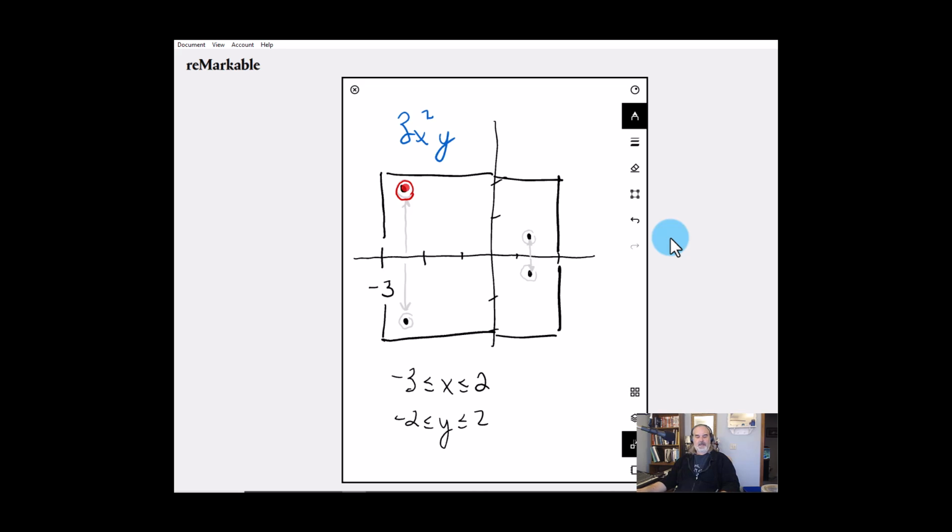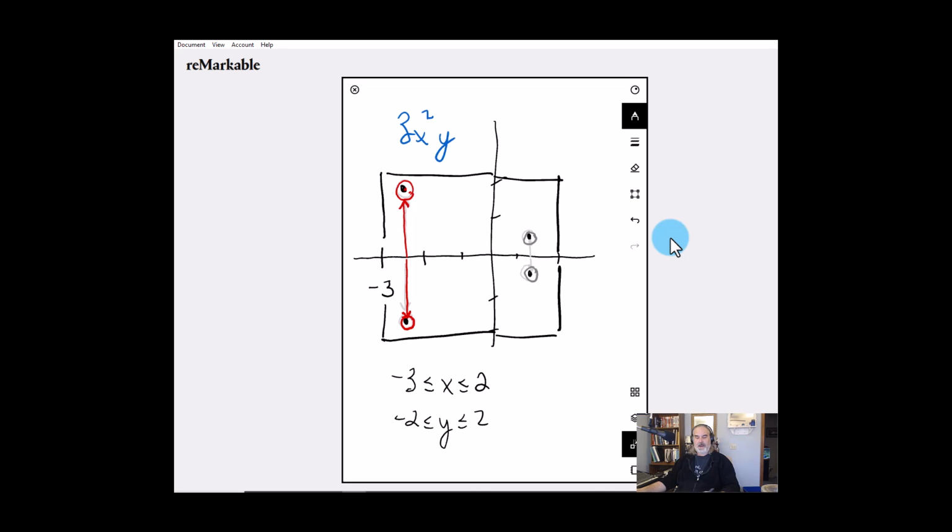So we get 3x squared y from this point that I've already circled. And let's say that, whatever value that y coordinate is, we go down here to the exact opposite. The contribution to 3x squared y from that point is going to be the opposite of 3x squared y from the above point. So the net from these 2 points is 0. They cancel each other out. And maybe we go over here.